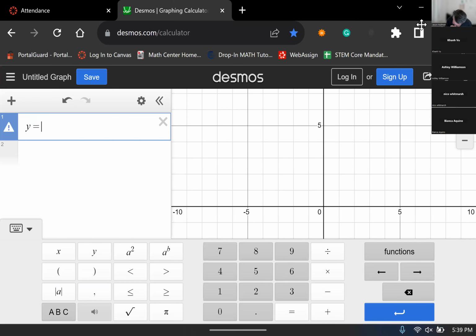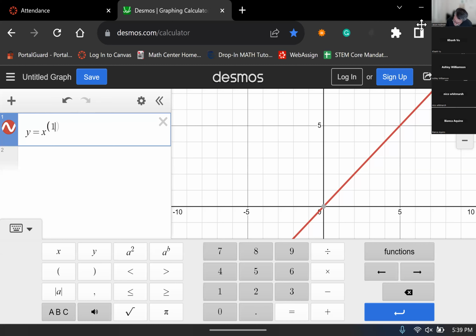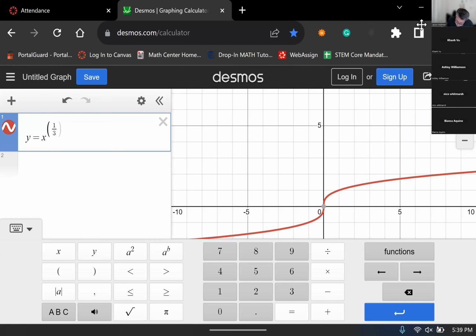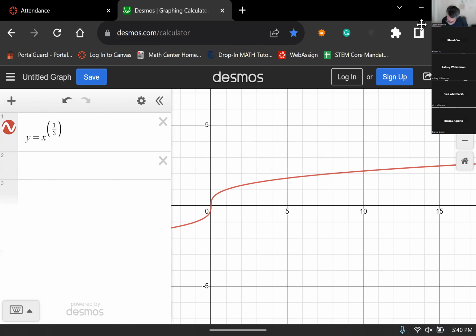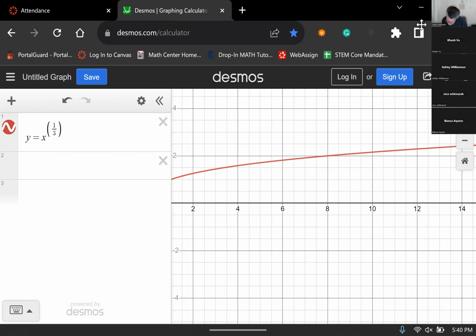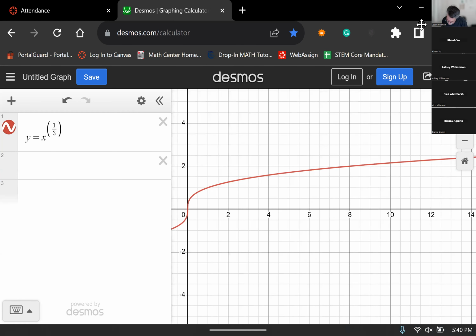I want x, and I don't really have a cube root here, so I'm going to just go x to the 1/3 power. Okay, and that gives me my cube root function. Oops. Okay. And so, but where were we centered? We were centered at 8.